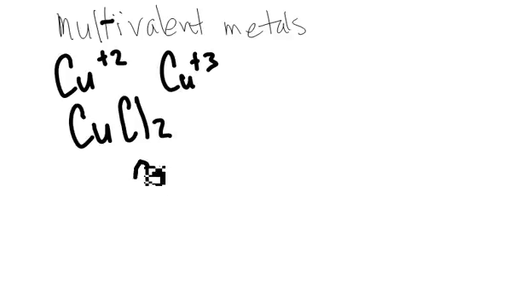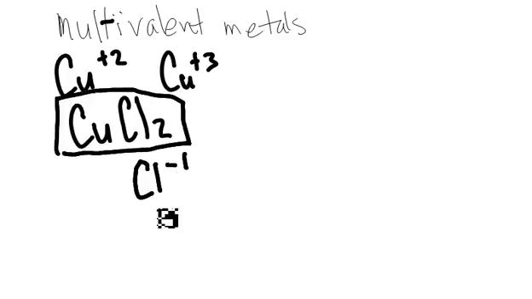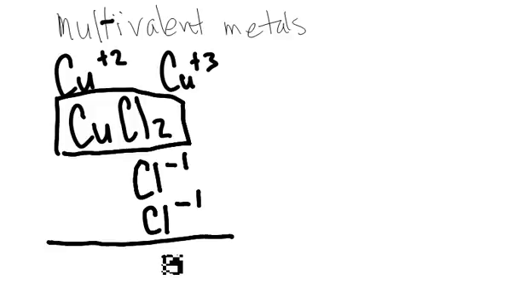And chlorine has a charge of -1. But in this formula here, CuCl2, there are two of them. So I'm just going to write those down just to show you how I get to my answer. So my overall negative charge is -2.